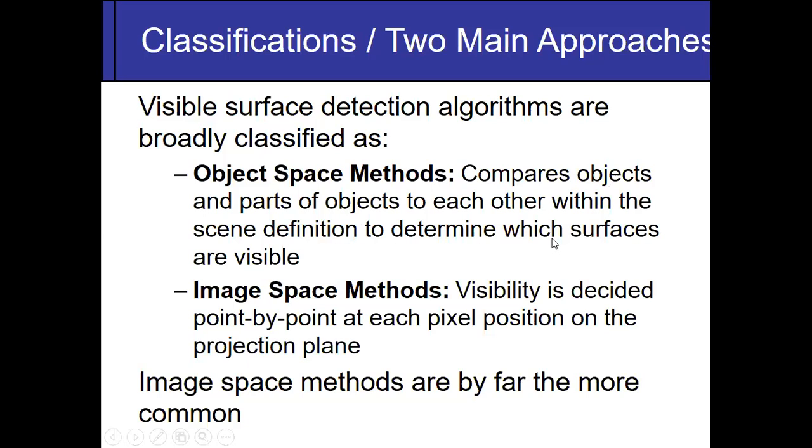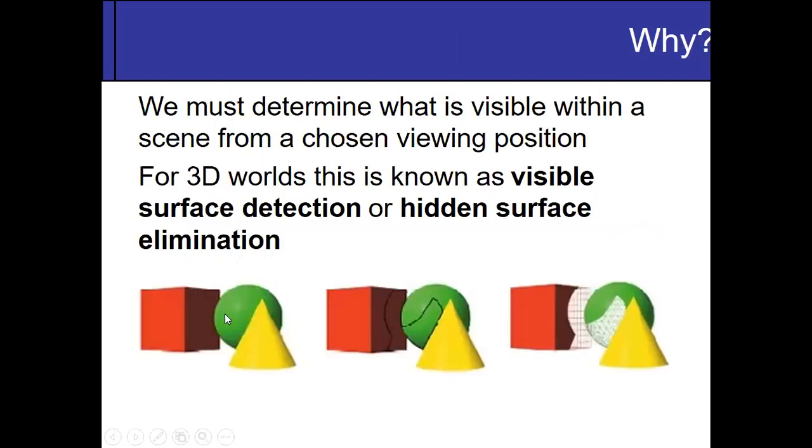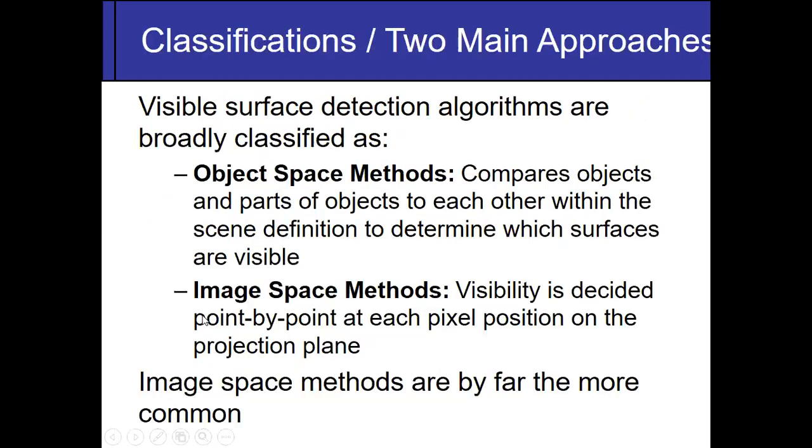That is, some parts of this green ball will be compared with some parts of the red brick to determine which surfaces are visible. This is called the object space approach. The next one is the image space approach, wherein visibility will be decided point by point, pixel by pixel on the projection plane.